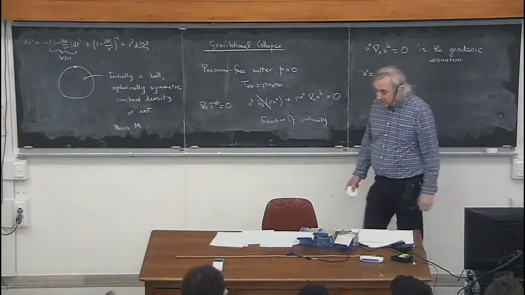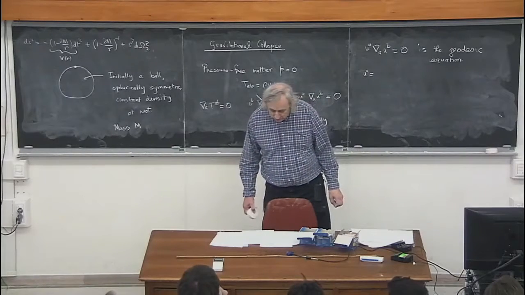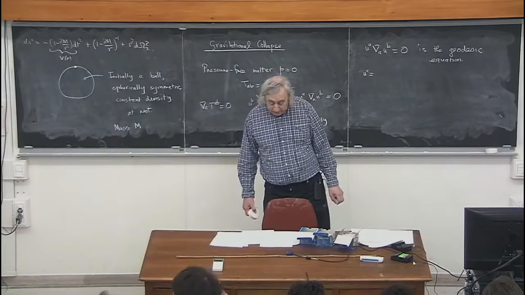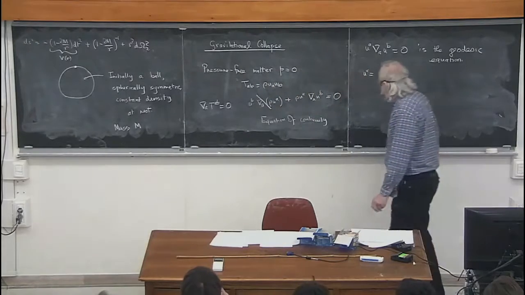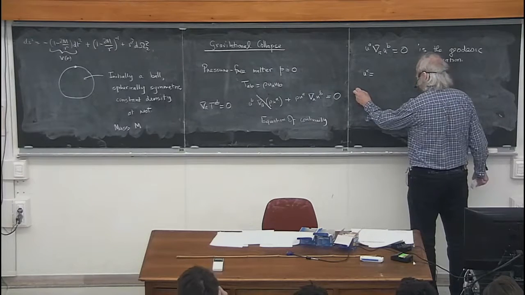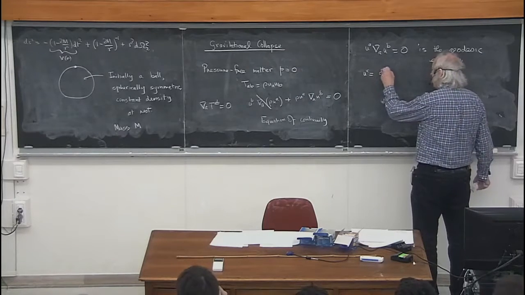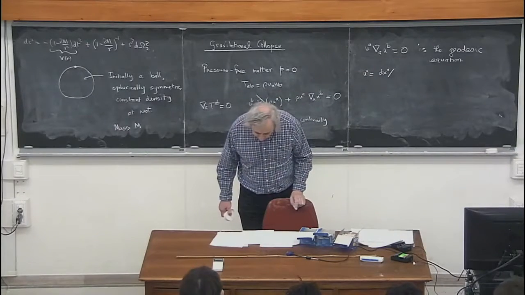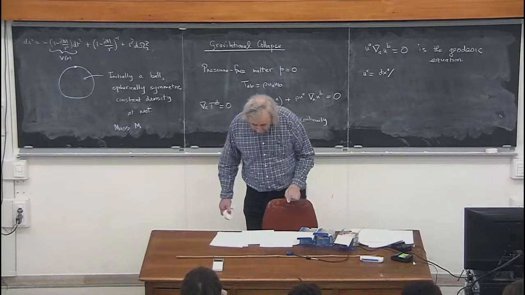So u^a is going to be equal to, well, let's see. The easiest way to do this is to introduce some kind of affine parameter, which I think I took to be eta.